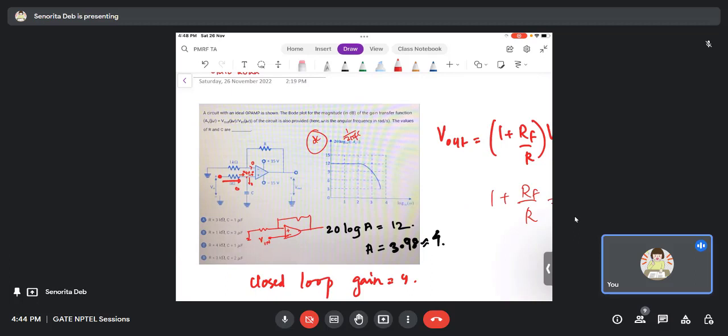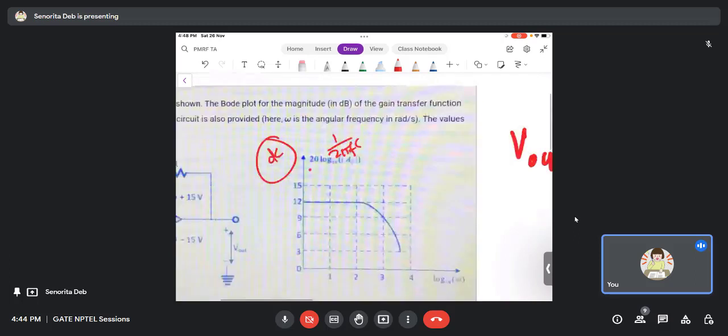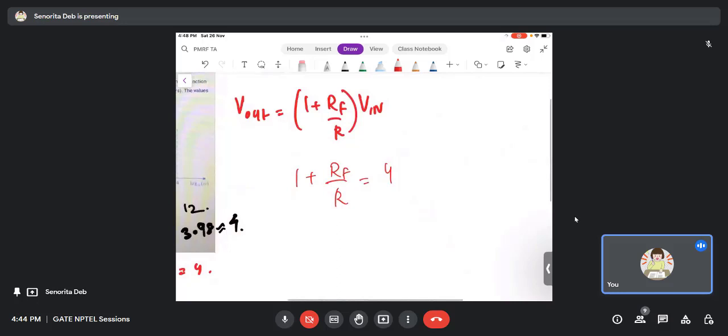You can see here in the axis itself they have given 20 log A. So even if you don't know the Bode plot, you know this is the value of 20 log A. You take 20 log A equal to 12, and you get A equals 4. Now R is given as 1K, so 1 plus RF by 1K equals 4, and RF is nothing but 3 kilo ohms. So one of the values I got: RF is 3 kilo ohms.